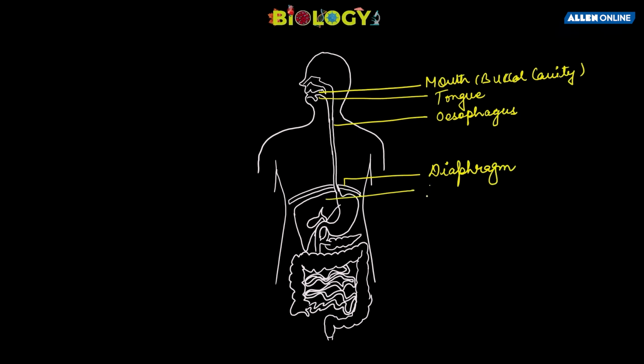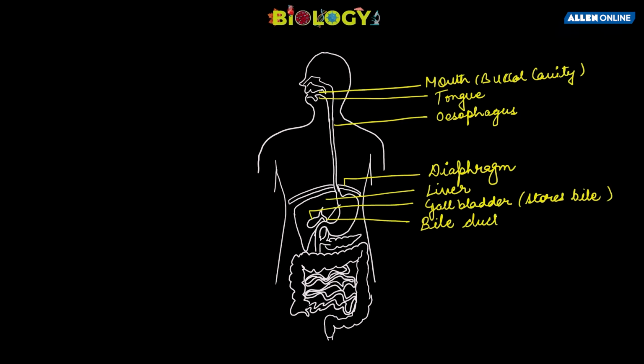Then the liver, the gallbladder, that stores bile, the bile duct, the stomach, pancreas.